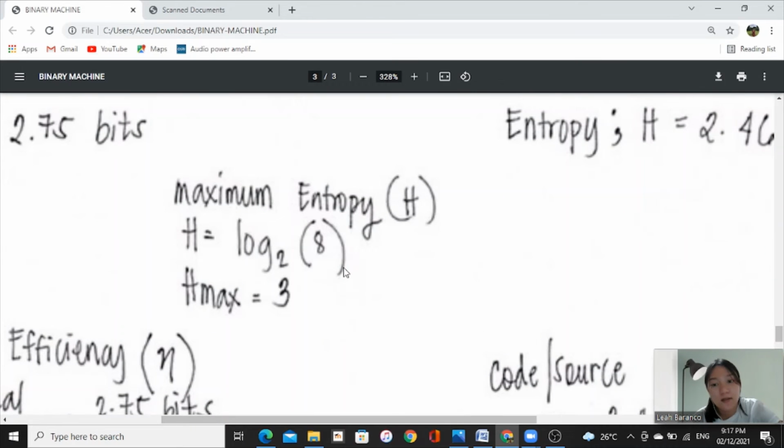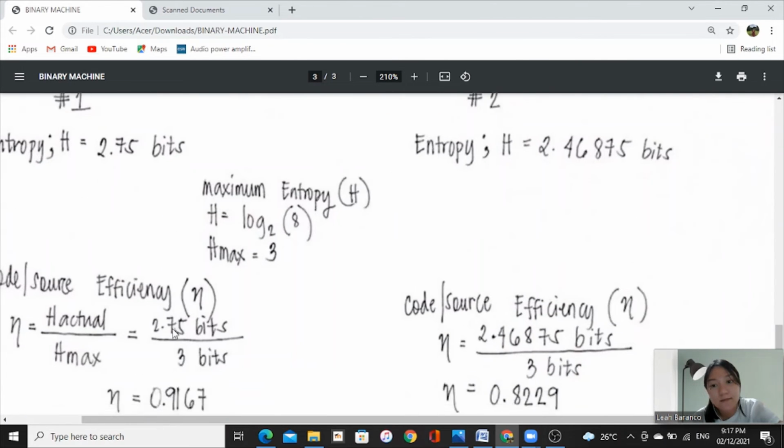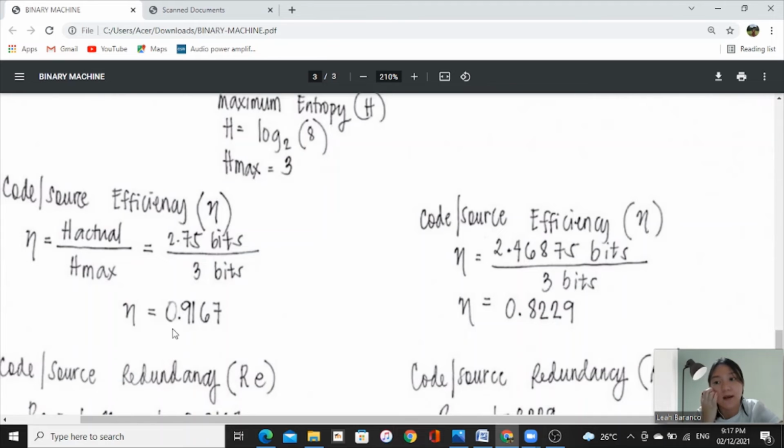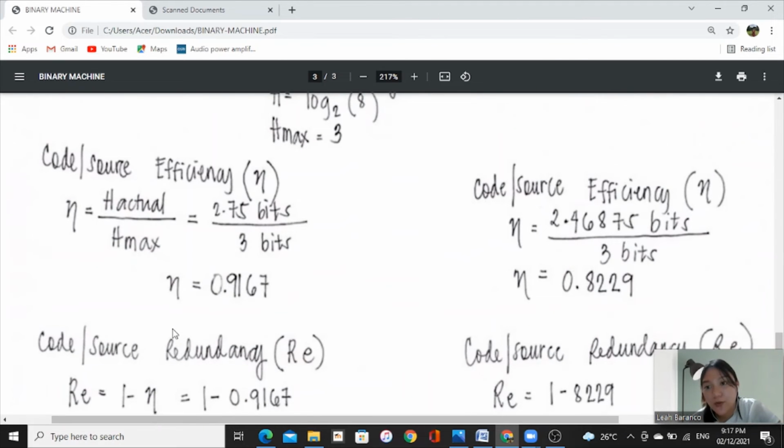So it is 8. So the H max, or the maximum entropy, is 3. Now solving for the code source efficiency, which is actual entropy over maximum entropy, equals 2.75 bits over 3 bits, which is 0.9167 efficiency.